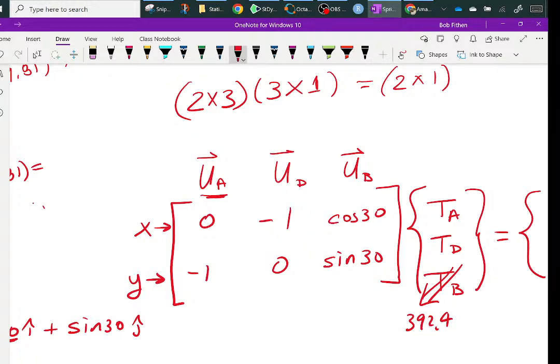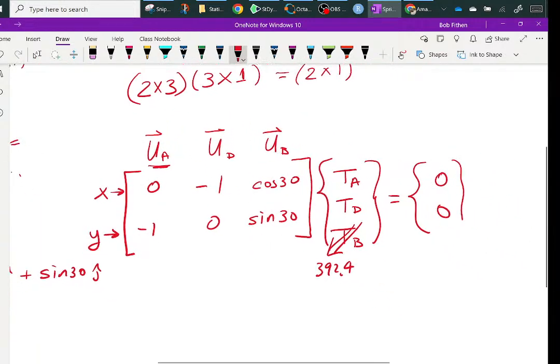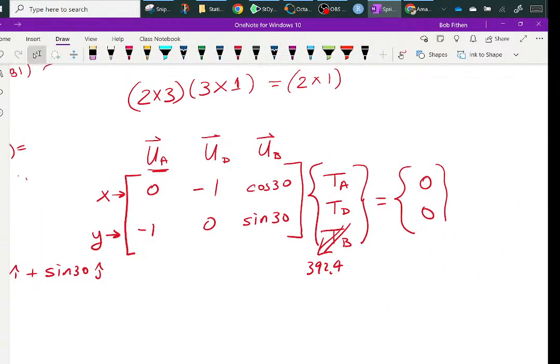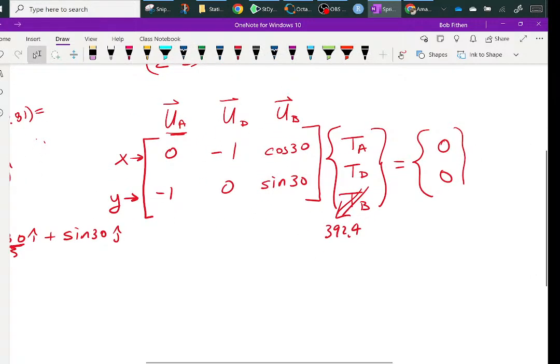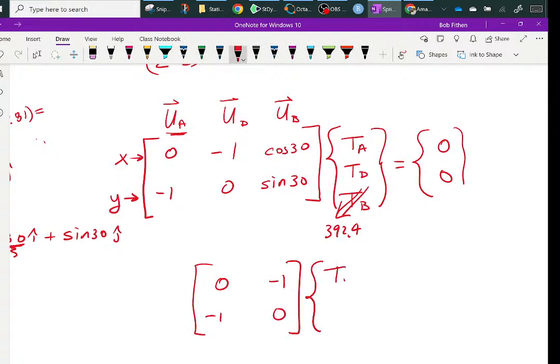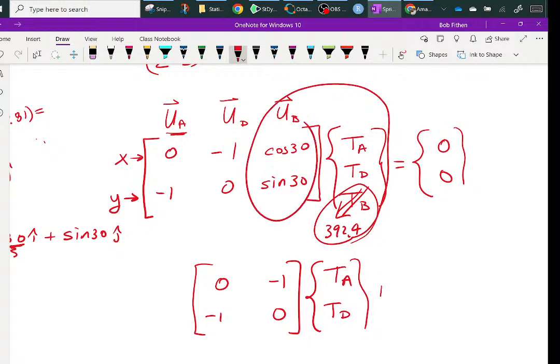So if I do that, let's take a look at this for a second. I'm going to break this matrix into two parts now: 0, -1, 0, and then TA and TD. Then I'll take 392.4 times cosine 30 and sine 30, equal to 0, 0.